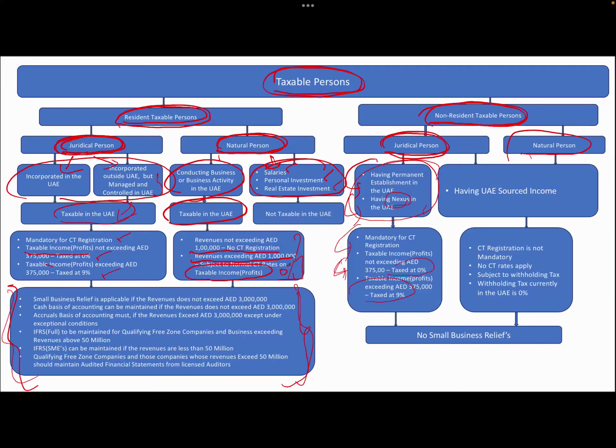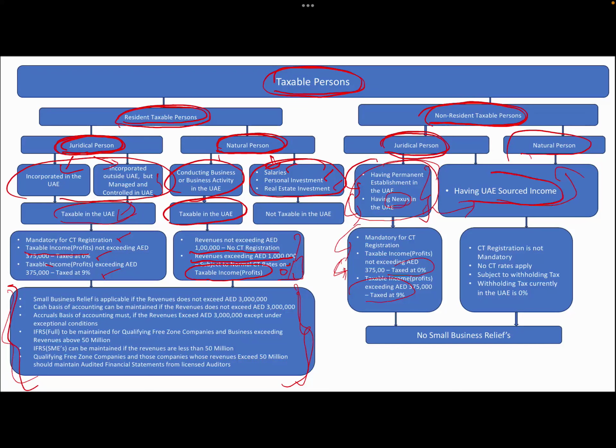Now, if the revenues are not being earned out of this permanent establishment or nexus, then that becomes a UAE sourced income. Mostly the UAE sourced incomes are earned by natural persons. Now, who can these persons be? Consultants who are sitting in India or some other country giving consultation work to the companies over here and trying to earn money out of the UAE companies, those become the UAE sourced incomes.